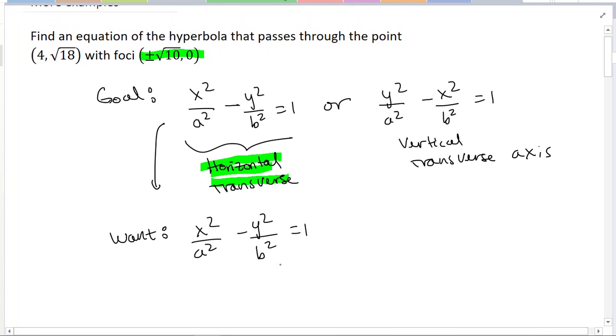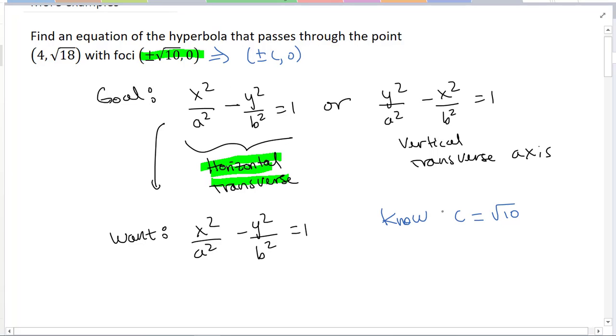Now how can we use this information given? I know it passes through the point 4 square root of 18, and then we know the c. Let me write that down. We know c is equal to the square root of 10 based on the foci, because the foci are usually given as plus or minus c comma 0.